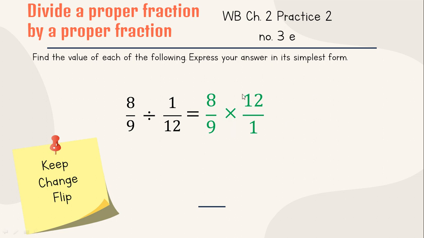Yes, this 9 and this 12 are multiples of 3. So we can divide them by 3: 9 divided by 3 and 12 divided by 3. Now, can we do it? Yes. 8 times 4, 32. 3 times 1, 3. Is it big? Yes. Can we make it simple? Yes, 32 divided by 3 gives 10 and the remainder is 2 per 3.